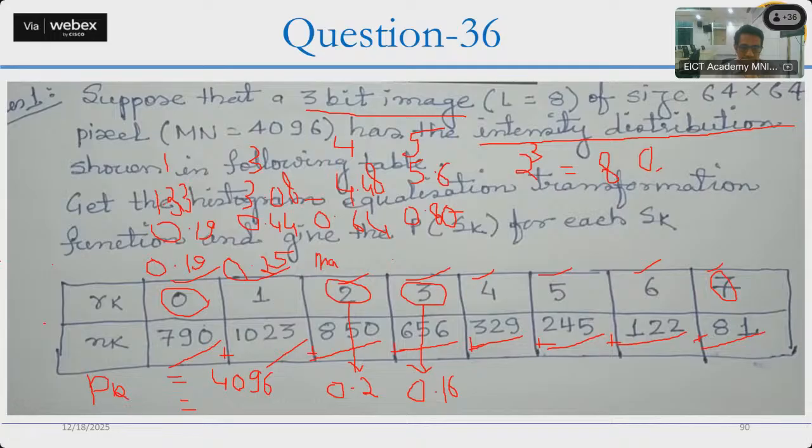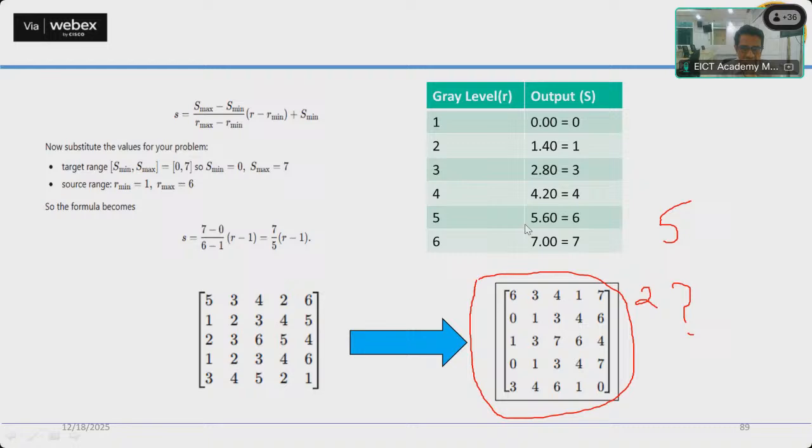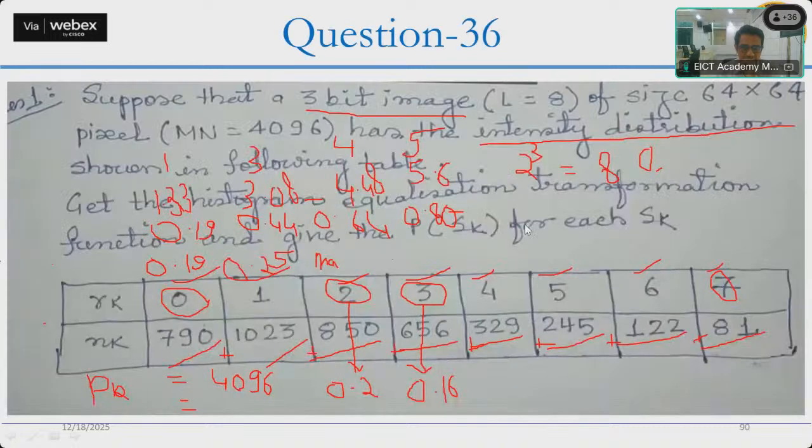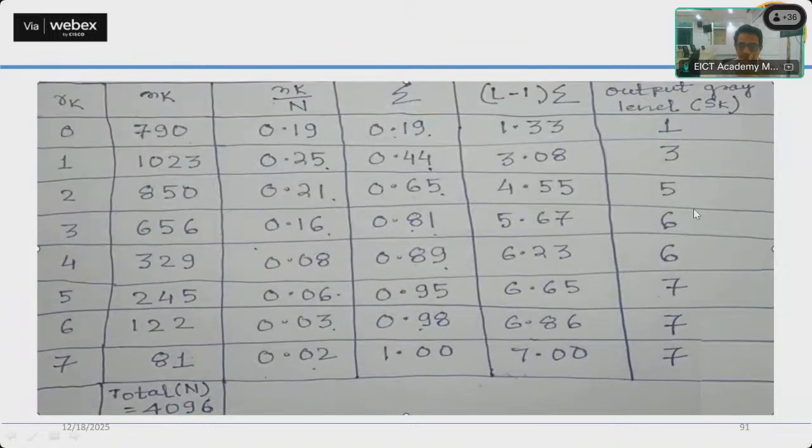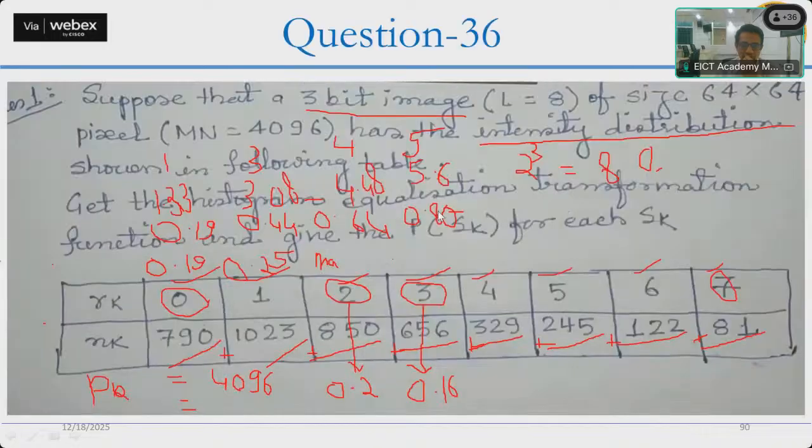Somewhere things are not right. It is 4096, we have done it correctly. 0.44, 1.33, this is done. 1 is right, 1 is fine, 3 is fine.